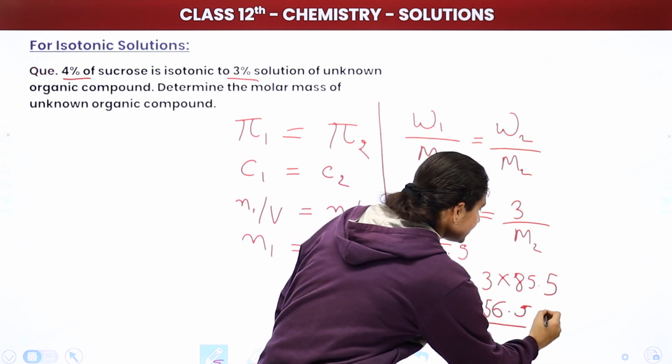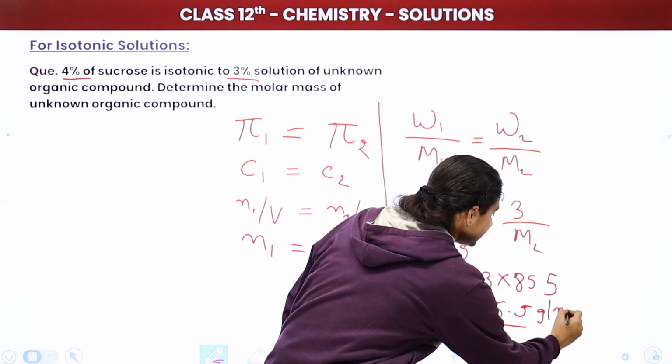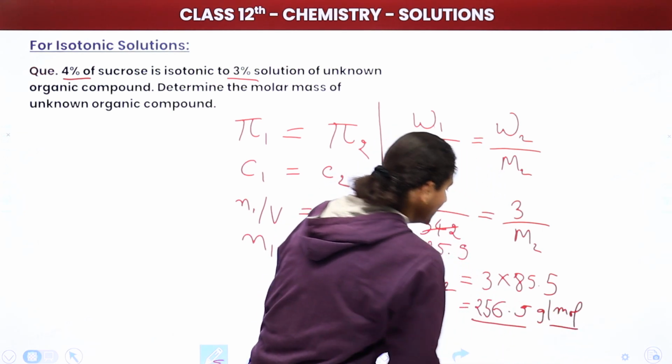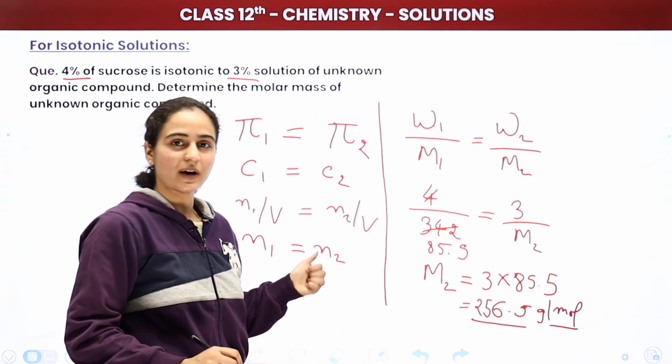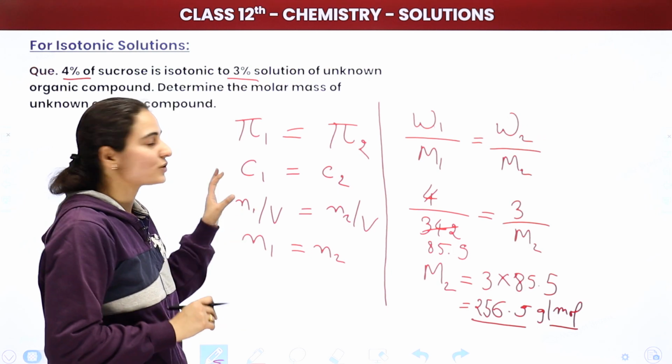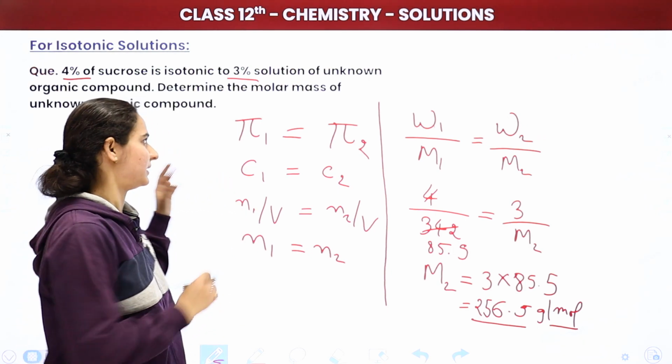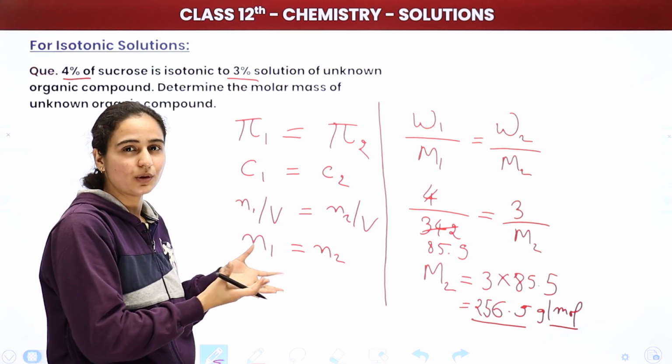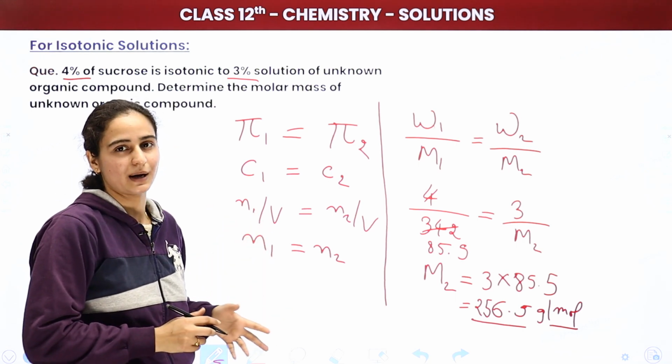This is molar mass, so we write the unit too, grams per mole. So 256.5 grams per mole is the molar mass of the unknown organic compound.